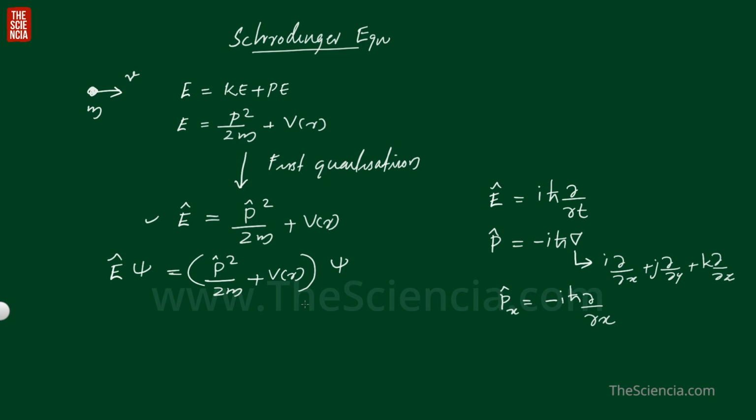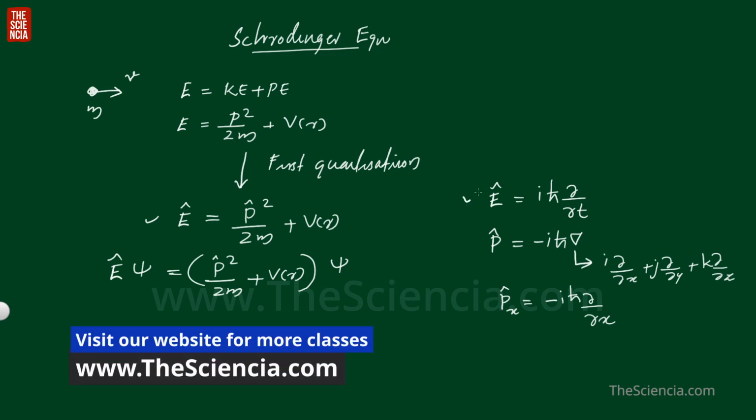By using these operators, we can find out these hidden parameters. It is like having a bucket of water: you can use a thermometer to find its temperature, and a weighing machine to find its mass. Like that, every property of the particle is associated with the wave function, and by using these operators, we measure each property, right?